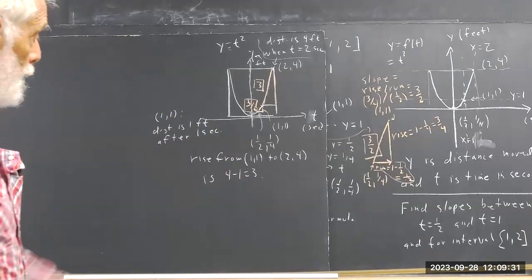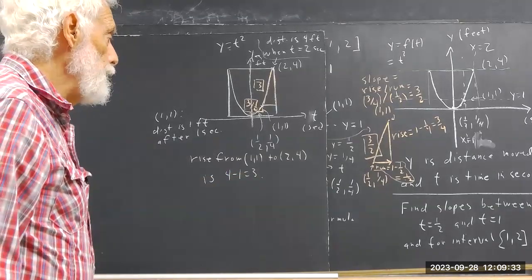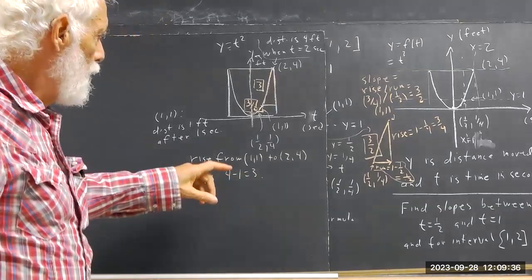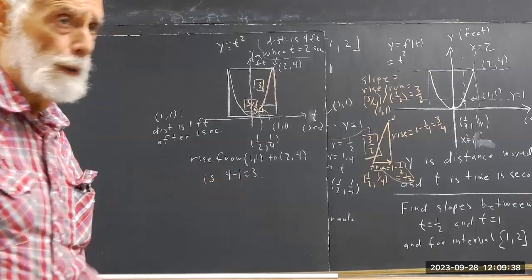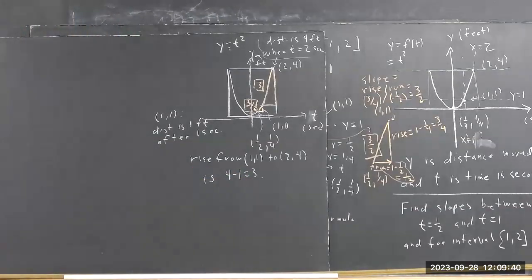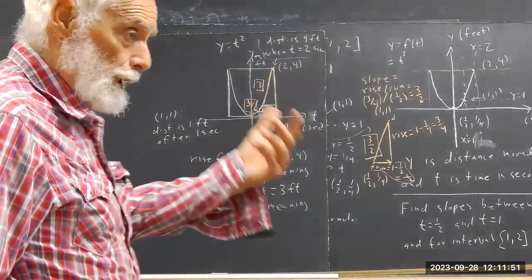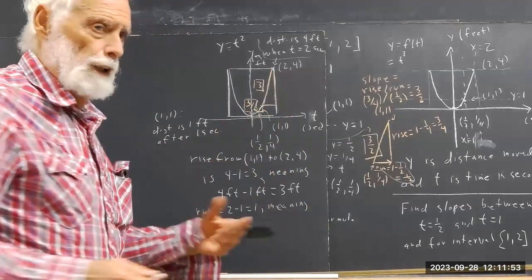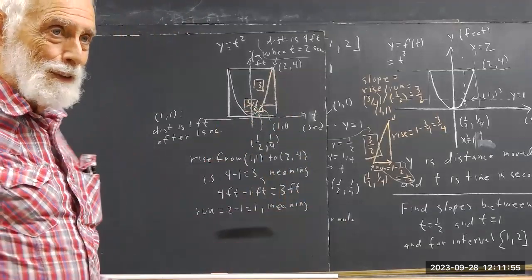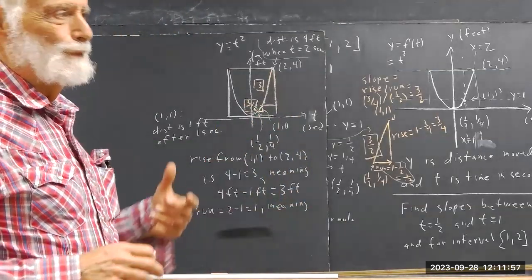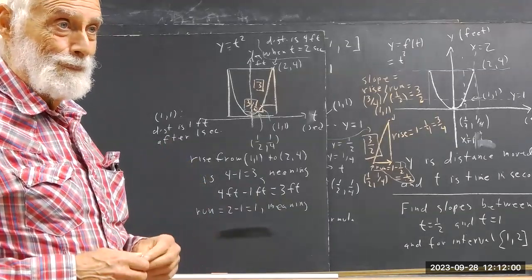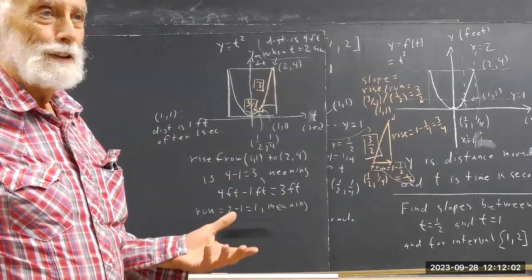Now the rise is 4 minus 1 equals 3. 4 what? Minus 1 what? Okay, Zoom just chose to randomly stop in the middle, probably because I was careless when I hit the button, but it never said that it stopped.